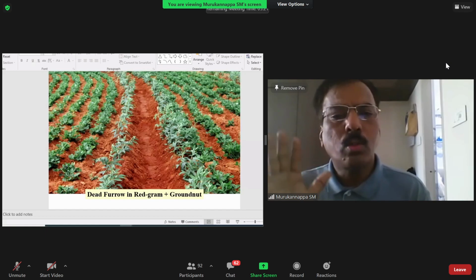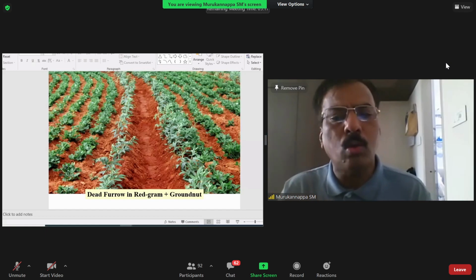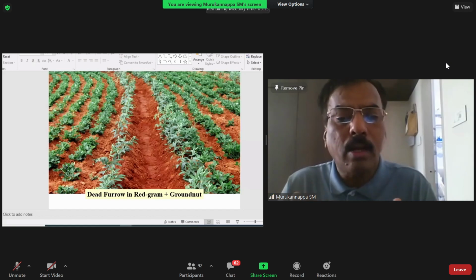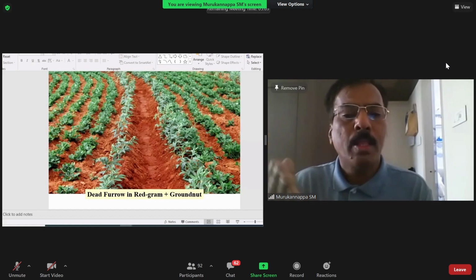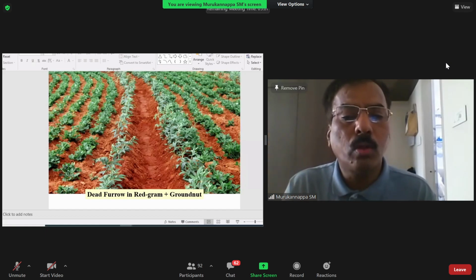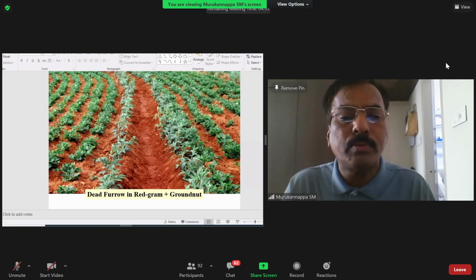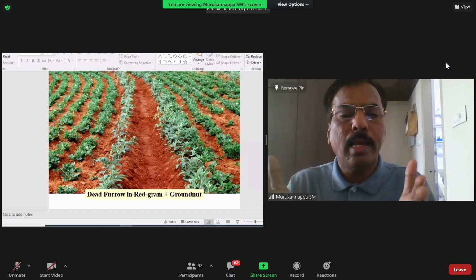In addition to crops sown on the contour, wherever there are wider-spaced crops, you can open a bigger furrow, so that it will hold the maximum amount of water, because these crops require wider spacing and there is a lot of space between the two crop rows, like red gram.